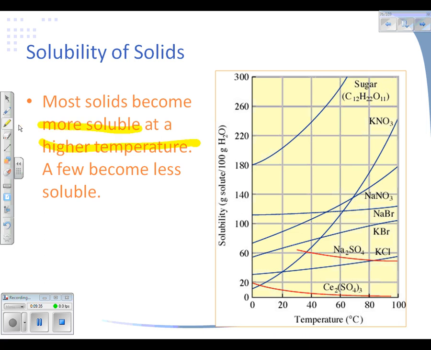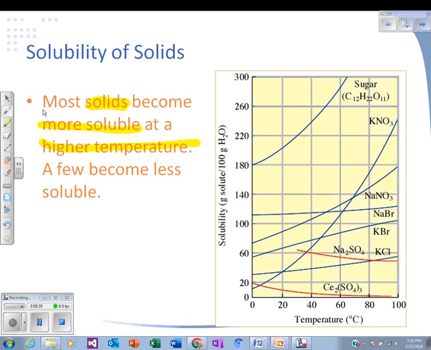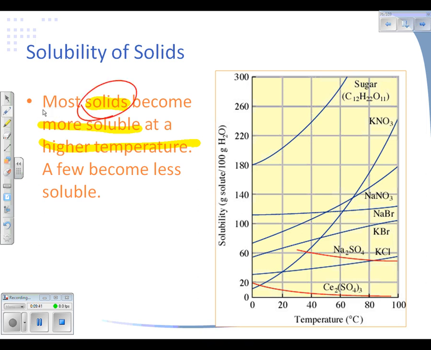That's really important to understand, that this is for our solids. If you look at this solubility chart, most all these curves go up. The only two that don't are sodium sulfate and cerium sulfate. So the sulfate compounds don't follow the normal trend. But most of them are more soluble the higher the temperature goes, which was a factor that we talked about earlier as well.